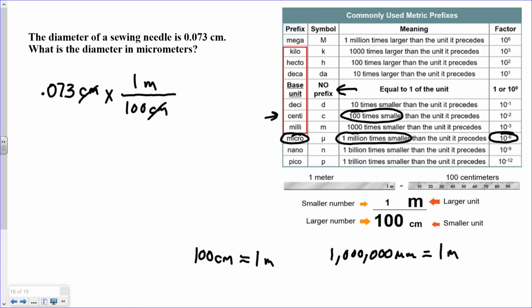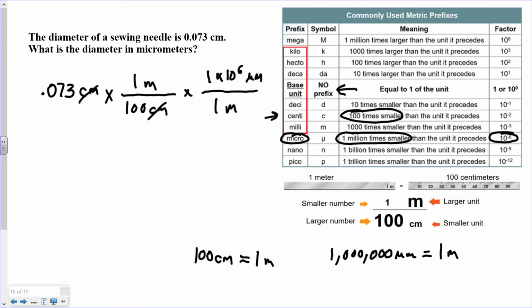So whichever way works easiest for you, you can do it either way. The way I'm going to do this is I'm going to say that there are 1 times 10 to the 6th micrometers in every 1 meter. So I'm going to put my 1 meter on the bottom so that those units will cancel each other. And my 1 times 10 to the 6th micrometers is going to go on top.